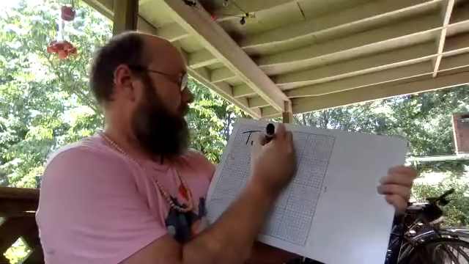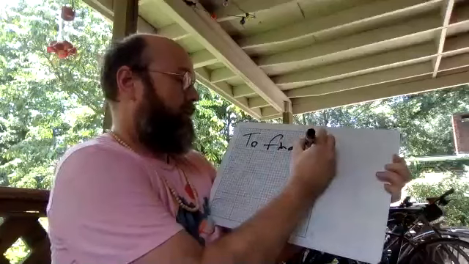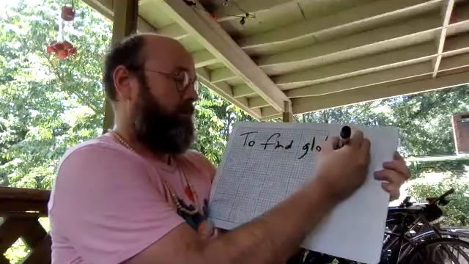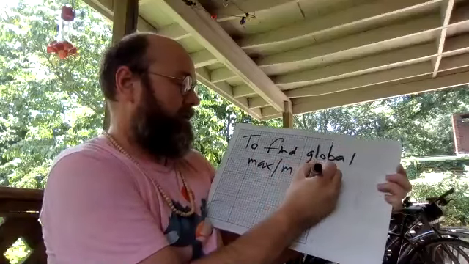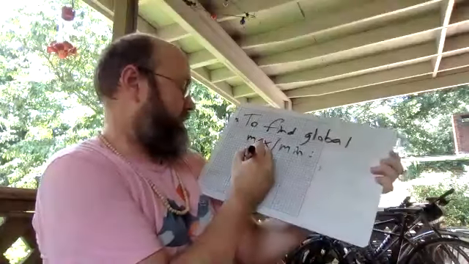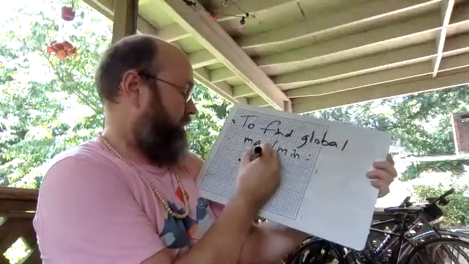So if you want to find the global or absolute maximum or minimum value, that's a little bit different, but it's not much different. To find the global or absolute max and min values, if they exist, this is super easy. You do the previous steps.